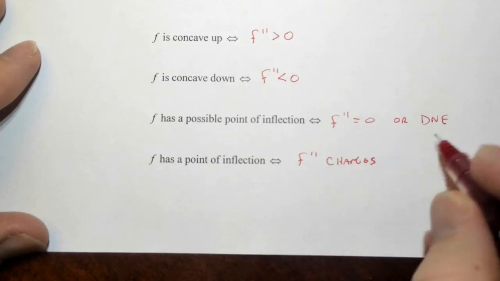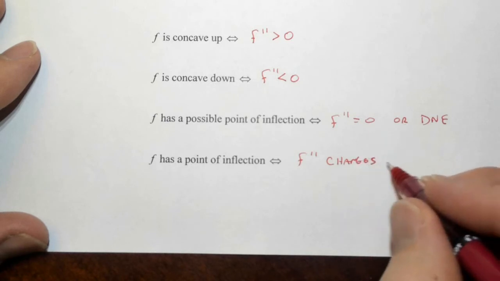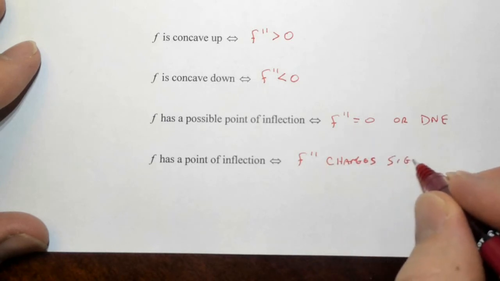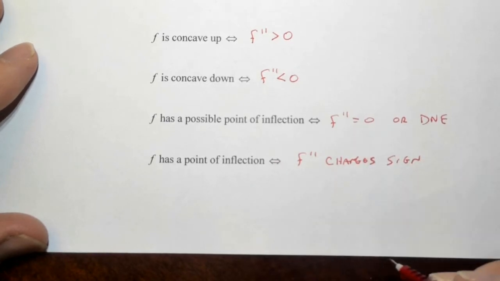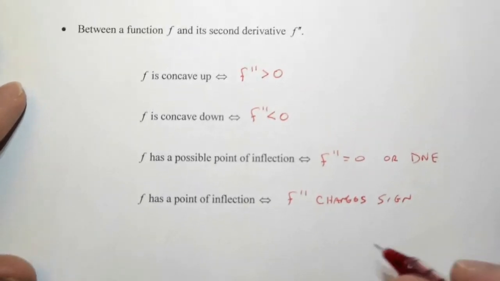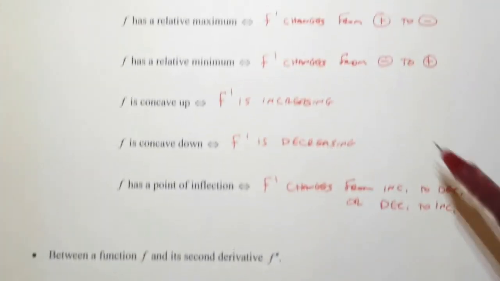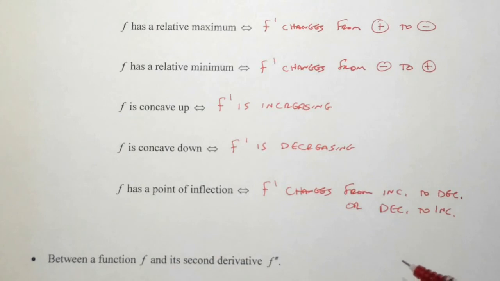It doesn't matter if it's positive to negative or negative to positive. When the second derivative changes sign, the function has a point of inflection. So these connections right here and up here are extremely important, and I need you to learn them and become familiar with them, because we're going to use them in all of the examples that follow.